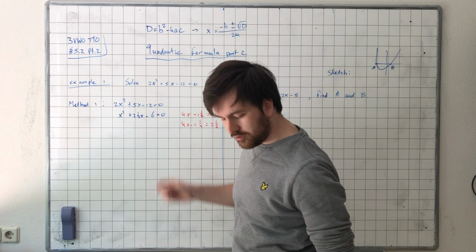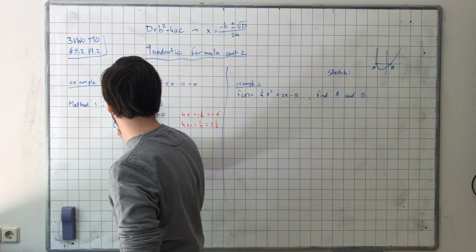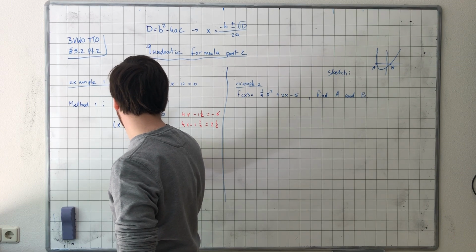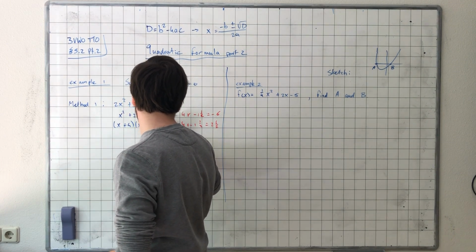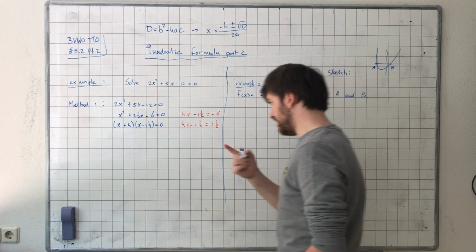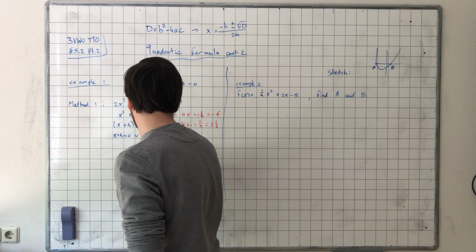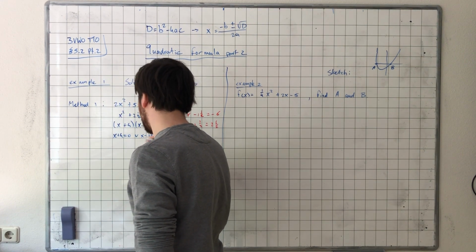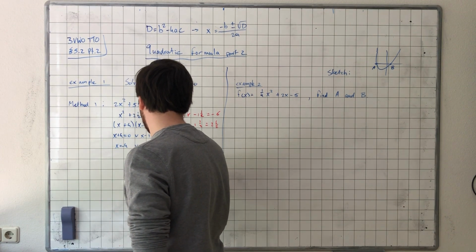And then it does make some sense, and then you can fill both of these numbers in. So (x plus 4)(x minus 1.5) equals 0. Then you could say that x plus 4 is 0, or x minus 1.5 is 0. So x is minus 4, or x is 1.5.